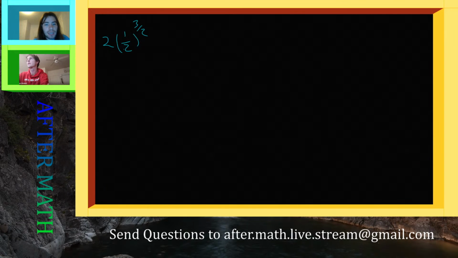Oh wait, I did this backwards, my bad. This is 2 over 3. So the root goes underneath and the exponent goes on top. I'm trying to think if there is a way to simplify this more without using a calculator, but I don't think there is.